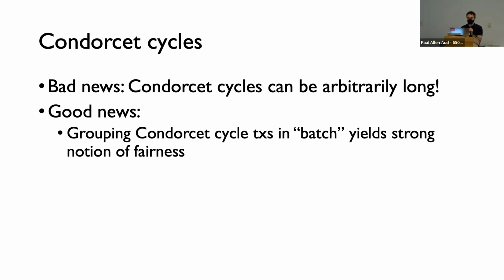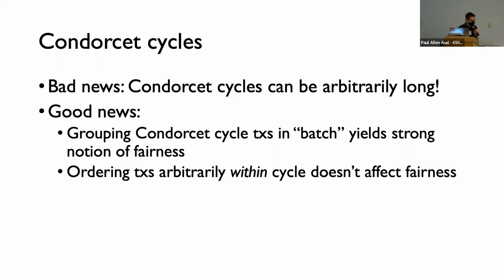One is that, and I won't be able to talk about this in detail, but if you group the transactions in a Condorcet cycle in a batch, you treat them as equal in some sense, you can get a strong notion of fairness. The other nice thing is that we can't, in a system like Ethereum or any other blockchain, normally process transactions in parallel.